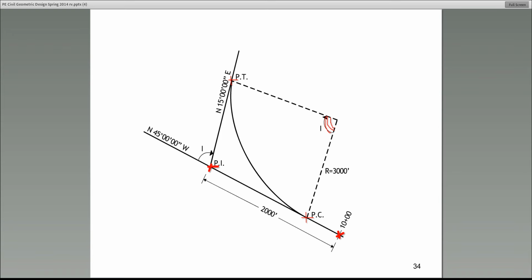So what we've been talking about all this long as the intersection angle, which is the angle between the extension of the back tangent and the forward tangent, geometrically, that is exactly the same value as the central angle. And it's because of the geometry of these two angles.